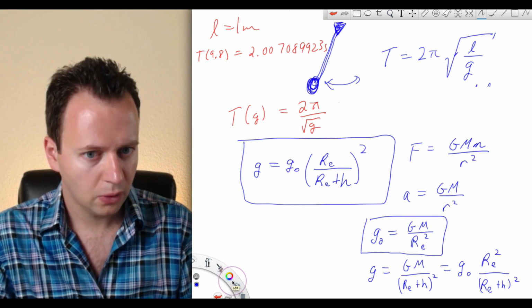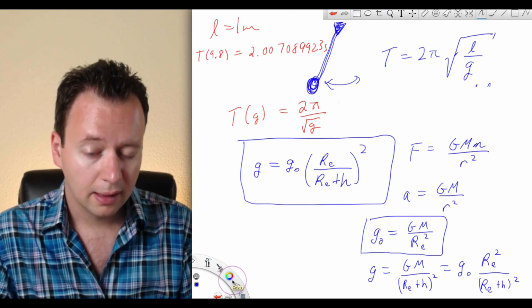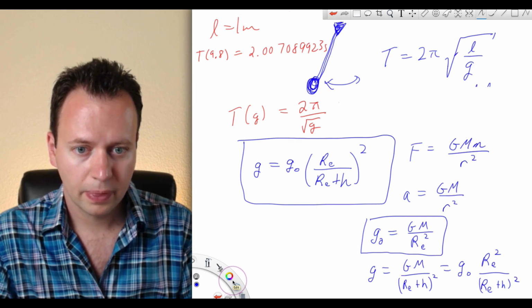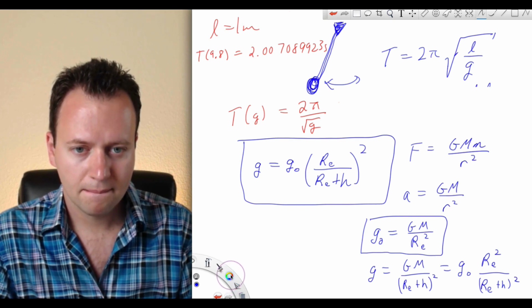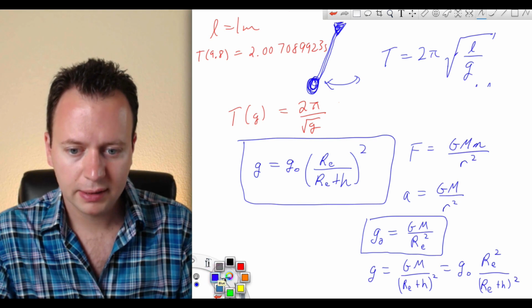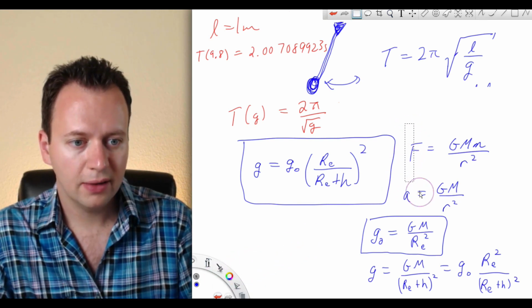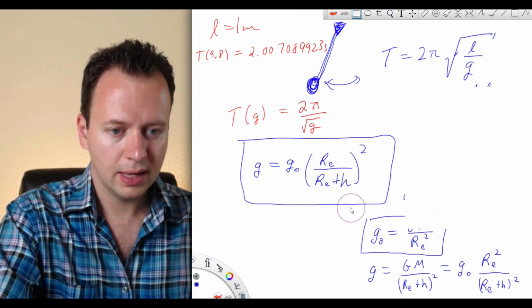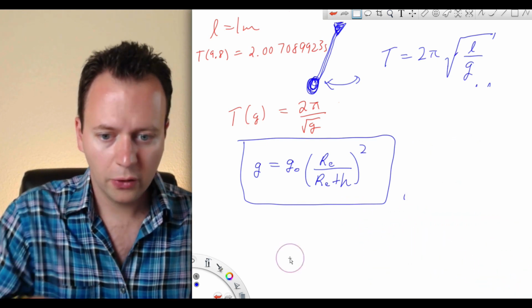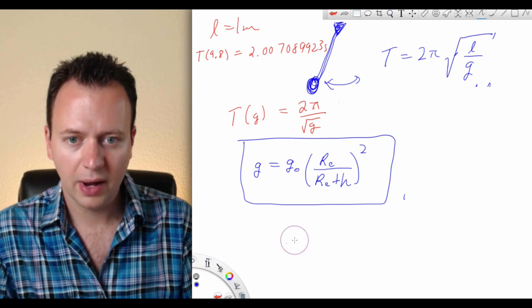So what should we do with this next? Well, we can look at just dT/dg. So we can look at the derivative of the period of the pendulum with respect to gravity.